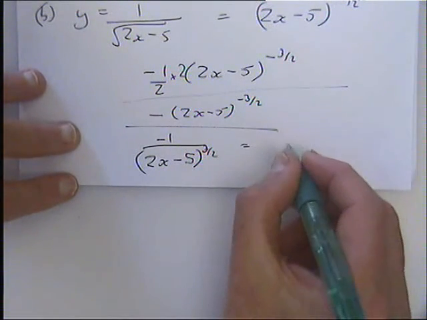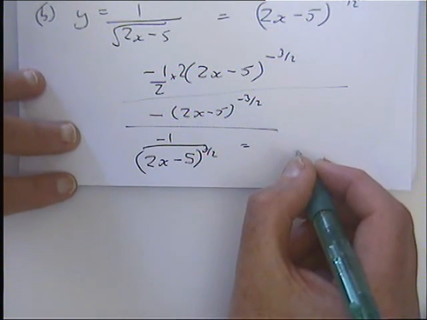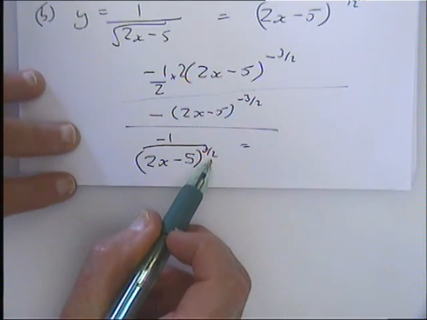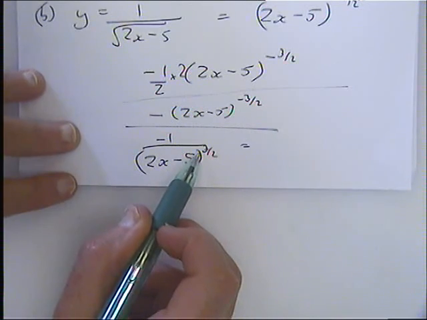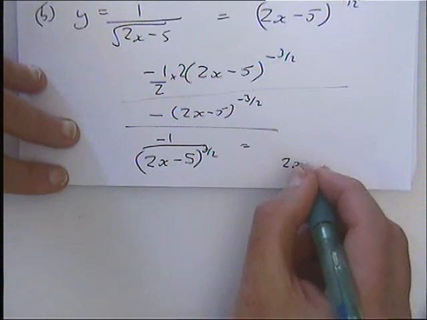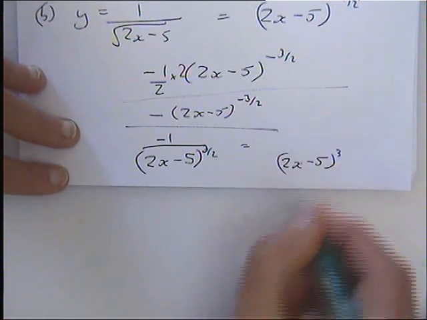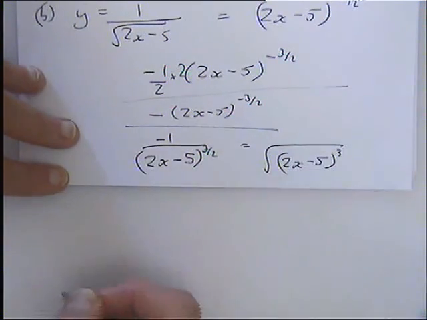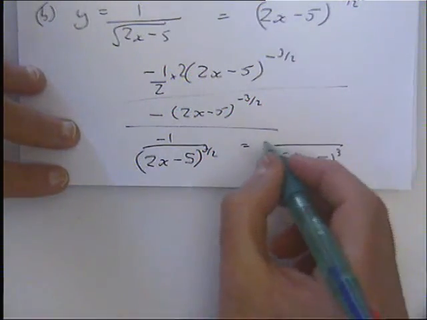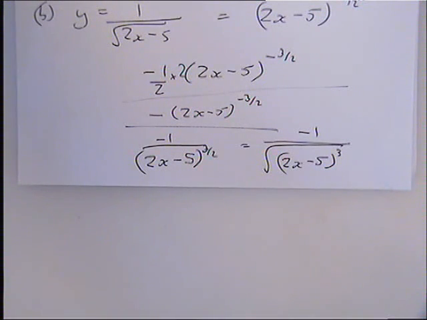Square root, cube. Yeah, the 2 on the bottom is square root, and the 3 is cubed. So it would be square root of 2x minus 5 cubed. Yes, okay. And the easiest way of probably writing that is to write it cubed, then put the square root over that bit, and then the top of the fraction is the minus 1. Okay? Right, I'm going to stop the video there and continue in another one.